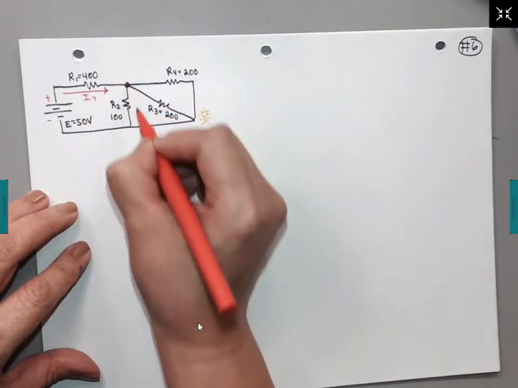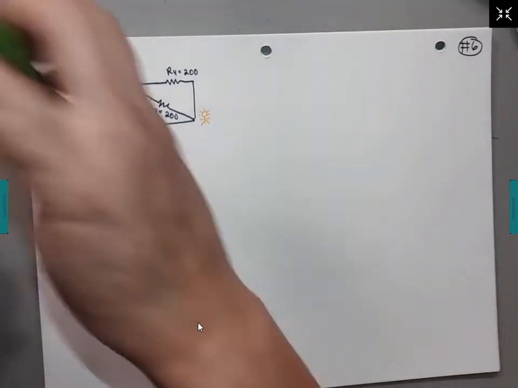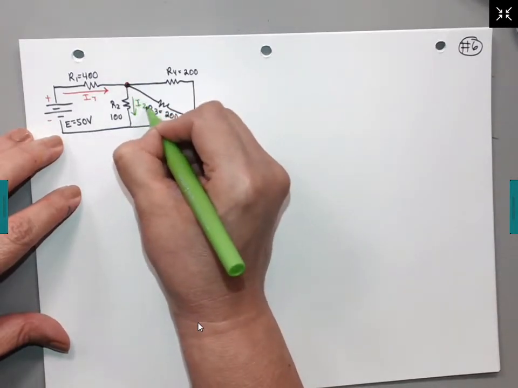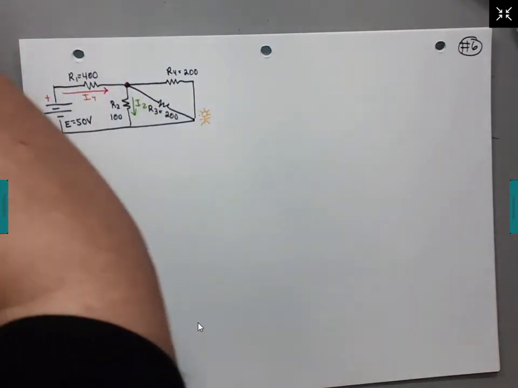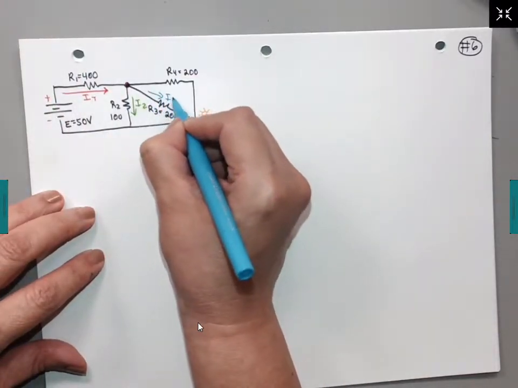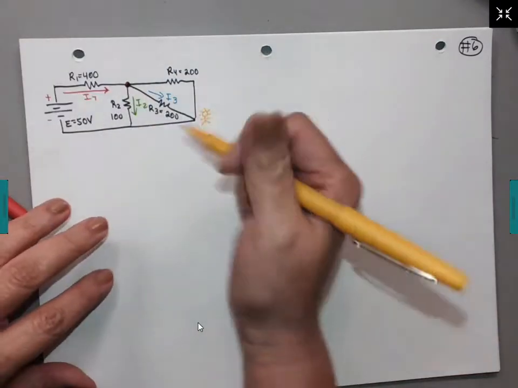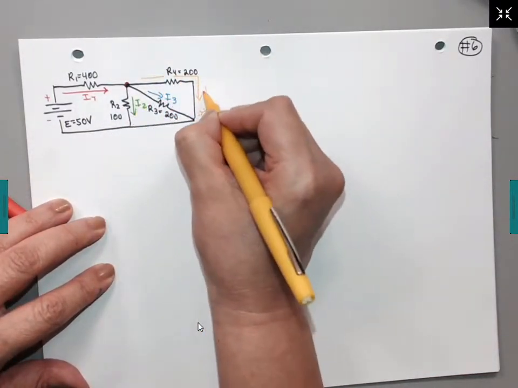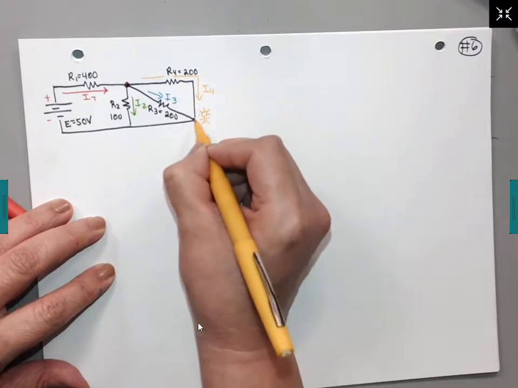And at this node, he's going to split three different ways: I2, I3, and I4.